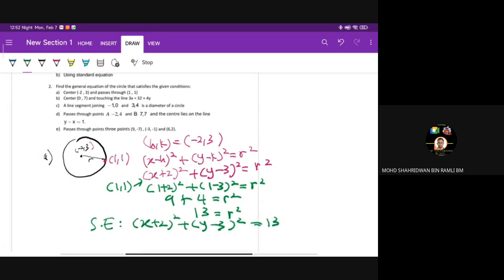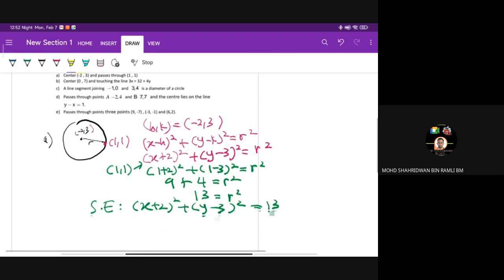So this is the standard equation, but the question is asking for the general equation, so you need to expand.